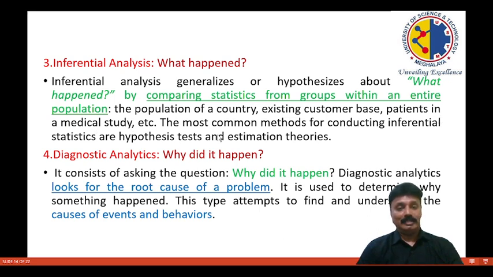The previous data will be considered for this kind of analysis. The most common methods for conducting inferential statistics are hypothesis tests and estimation theories.